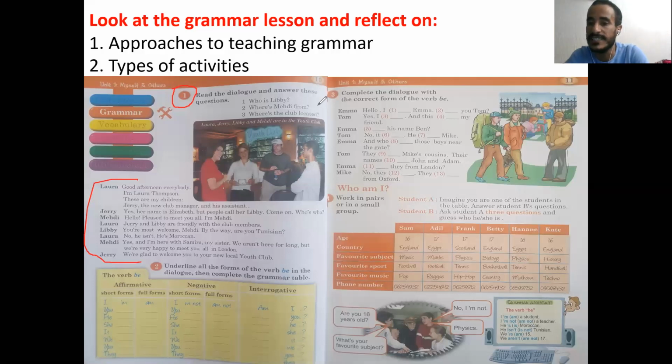Leading questions. We call them lead-in questions or focus questions. So please remember, lead-in or focus questions, because they will elicit information about the main structure, the main content of the lesson. All right.